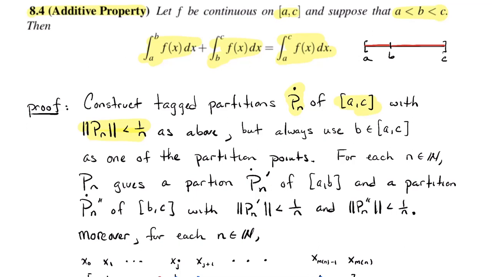But we can always arrange, if we want to, we'd have to change the way we defined those x's up there, but we can always arrange that this number b, some number between a and c, we can always insert as one of the partition points. If you like, you can construct P sub n as above, and then modify P sub n by sticking b in there, always choosing it to be one of the partition points.